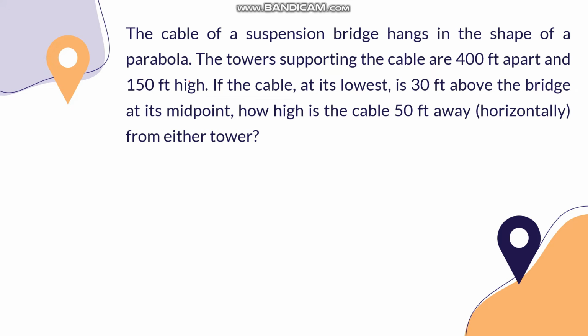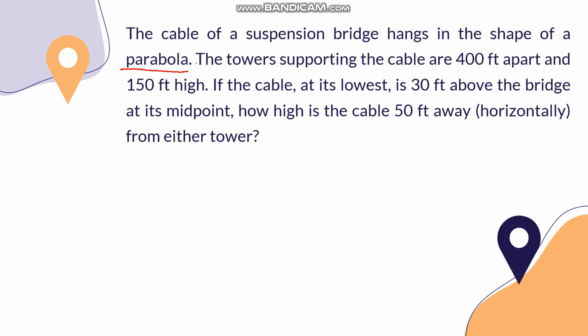As you can see, the problem involves a parabola, as mentioned. So the cable forms a parabola, and there are towers supporting the cable that are 400 feet apart, and each of them is 150 feet high. Now let's illustrate this word problem so that we can understand it more.